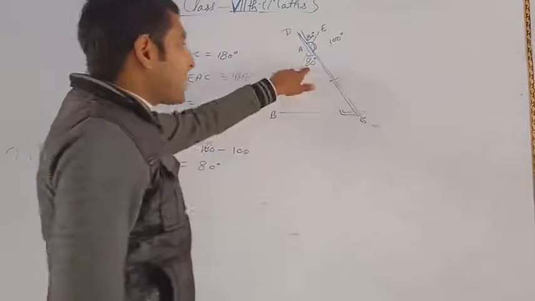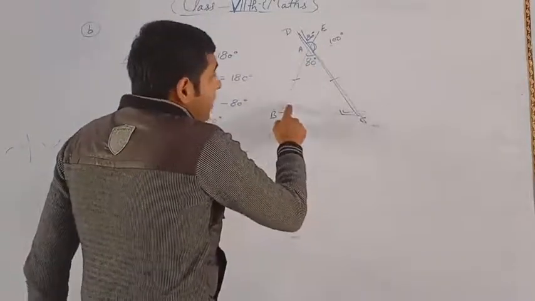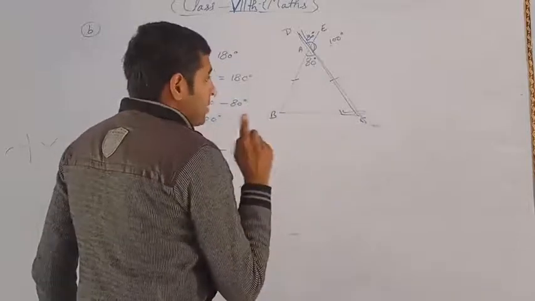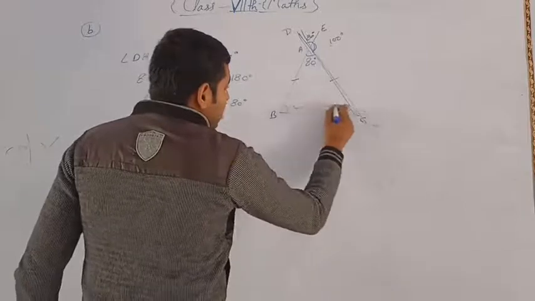If it became 80 degrees, then the angles before the sides are also the same. So this angle and this angle are also equal.